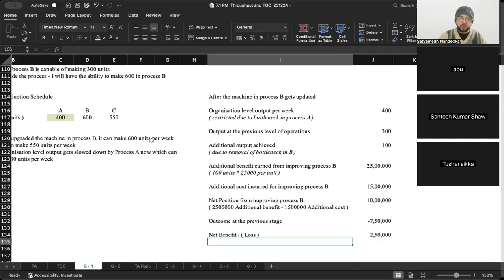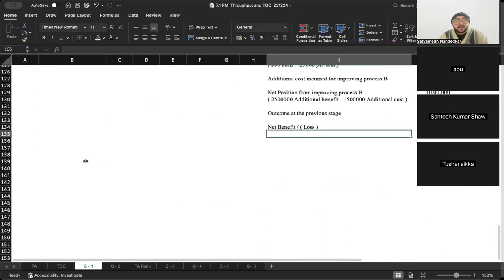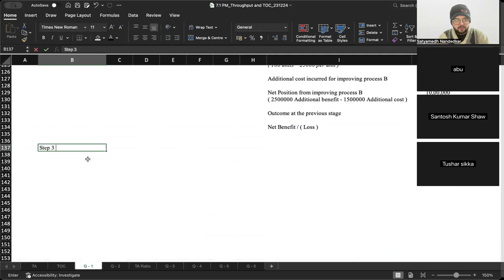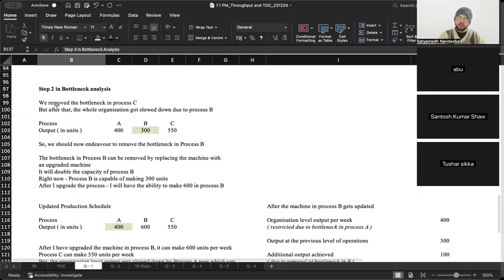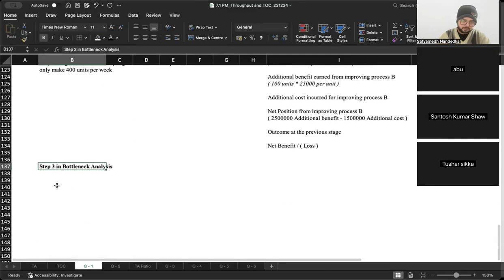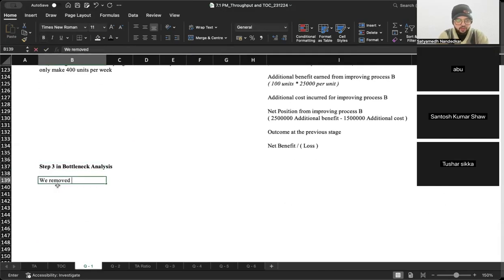So the last thing that you are going to do is step 3 in bottleneck analysis. We removed the bottleneck in C and B, but now the whole organization is getting slowed down because of process A. We removed the bottleneck in process C first, process C in step 1 and process B in step 2.